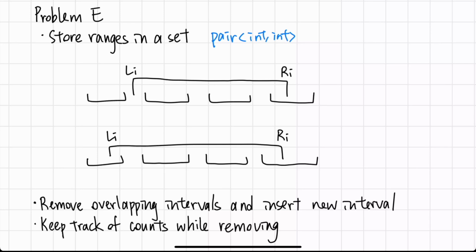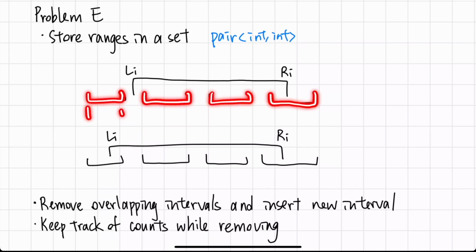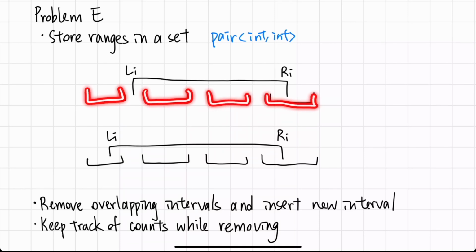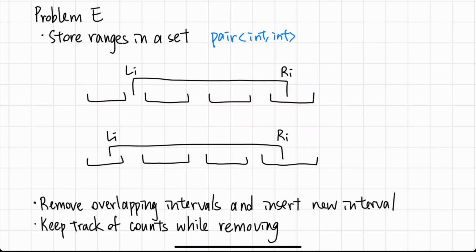So for example, in this case, if we have these 4 ranges, some L, some R values, these 4 intervals represent cells that are already colored black. Now if we have this new range that needs to be painted black, this range from Li to Ri, we want to merge this with previous ranges here.